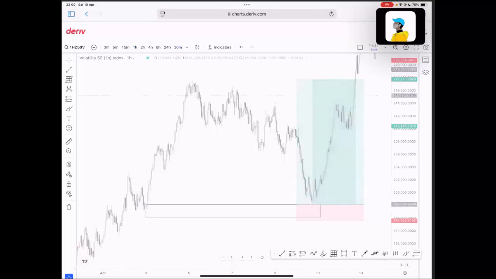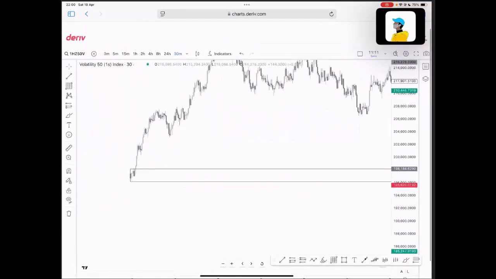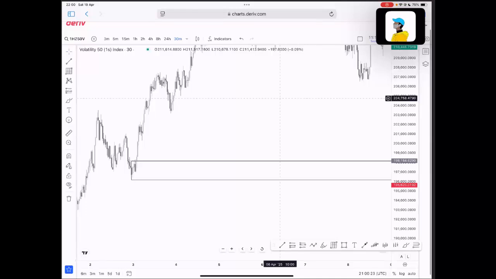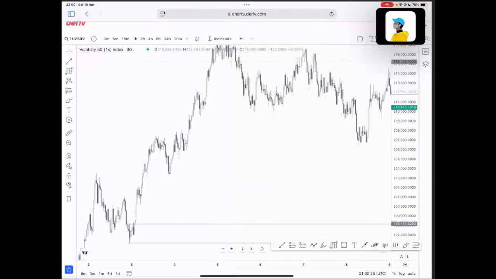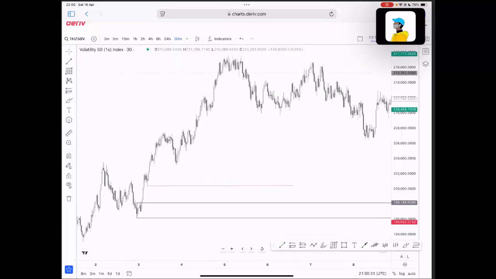But if you go down to the 30 minutes or 15 minutes, it will look like a type B, because price created an order block before leaving the first 50%, which is this particular order block here. This was what price did before leaving the first 50%, before the break of this high.